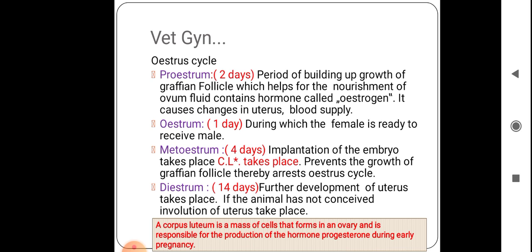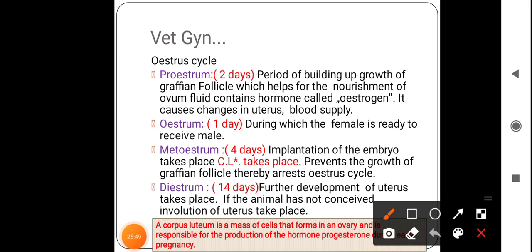Why? The Graafian follicle comes in the proestrum stage, helping the nourishment of the ovum and containing the hormone estrogen.